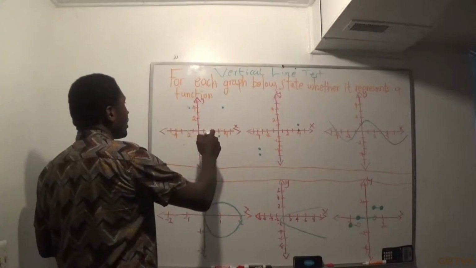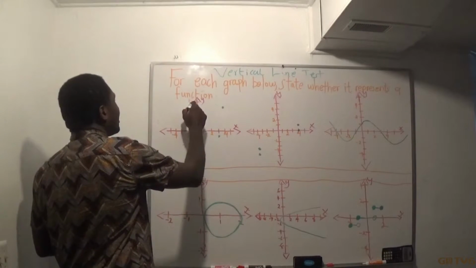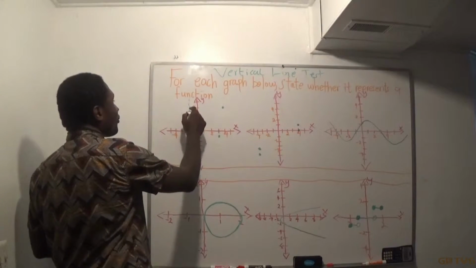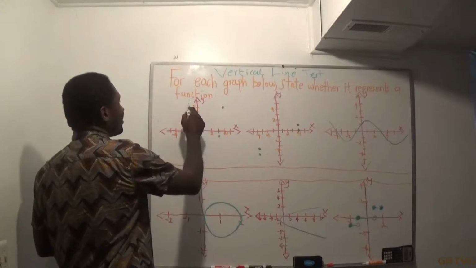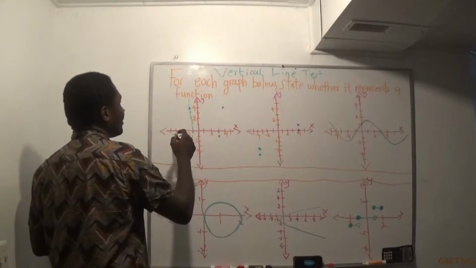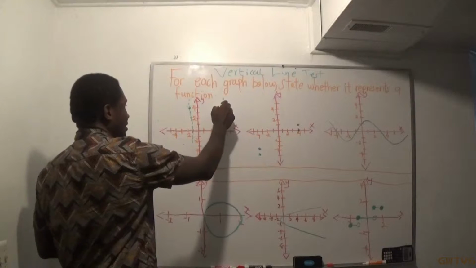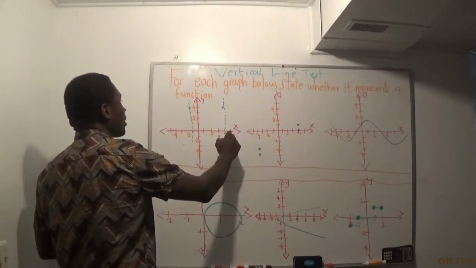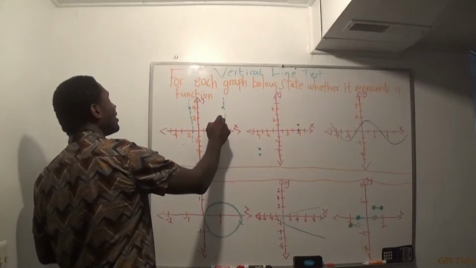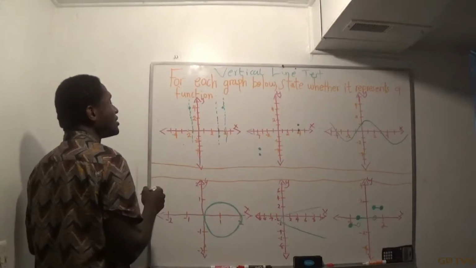And looking at this right here, if I draw a vertical line, it's going through only 1 point. If I draw a vertical line here, just 1 point. It's not intersecting more than once on the graph. Same thing, if I draw a vertical line, it's not intersecting more than once.